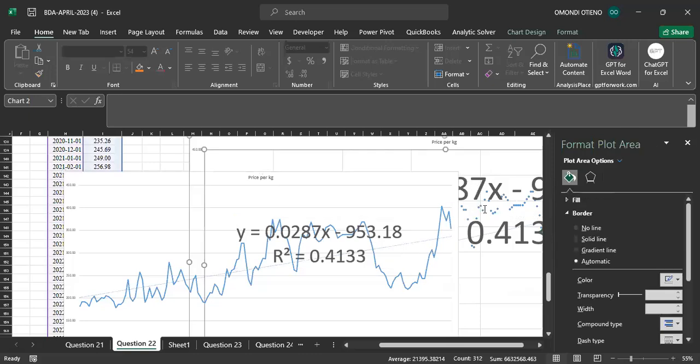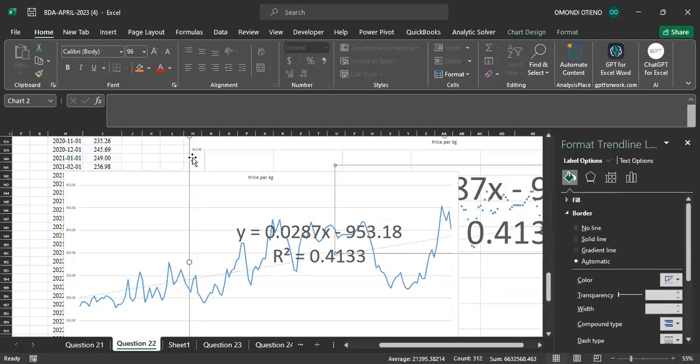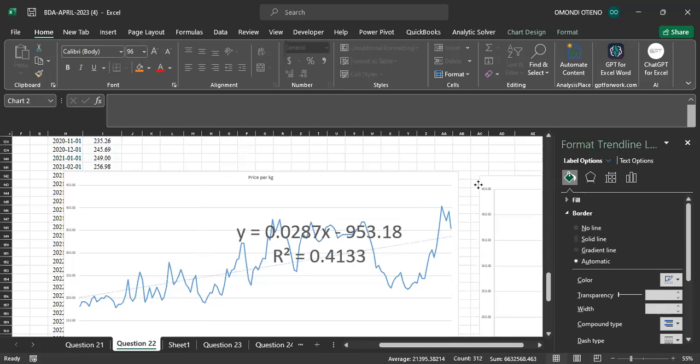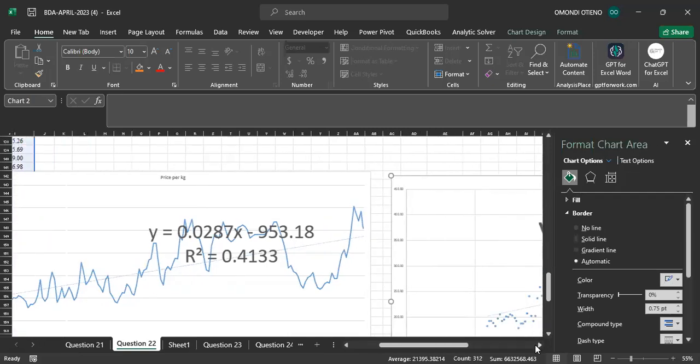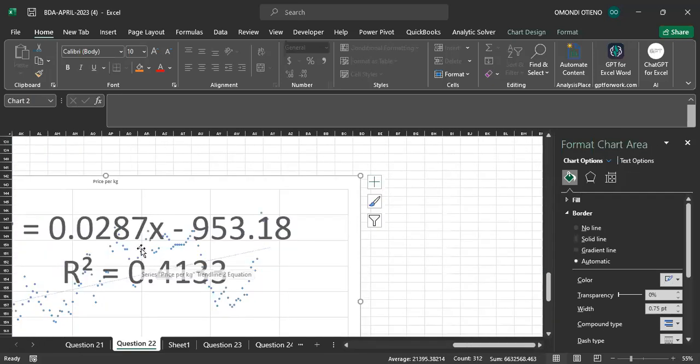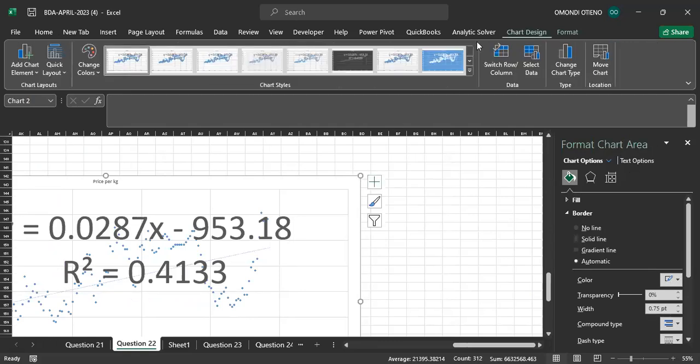Then you tell me, I've decided to use this. Let me bring it to this side. If I have decided to have this now, then I come to the chart design. I want to use the complete lines.